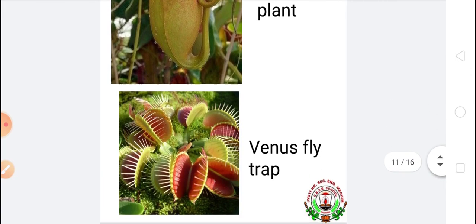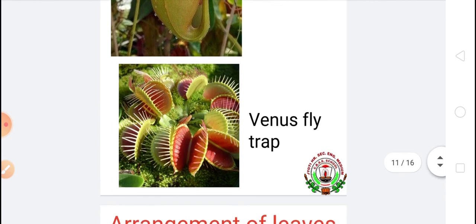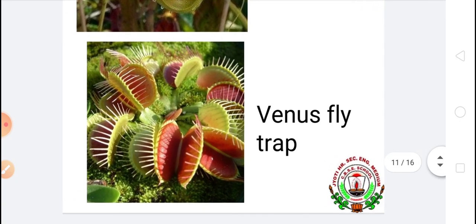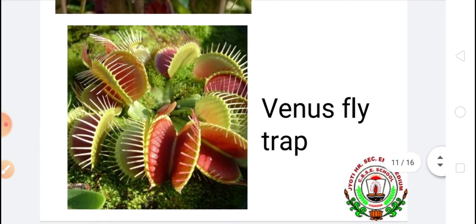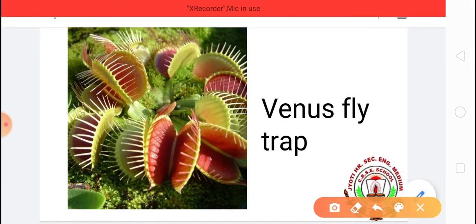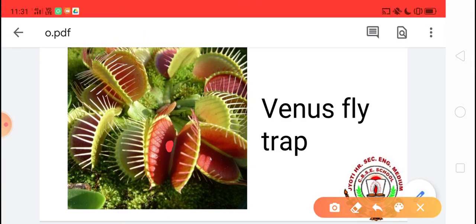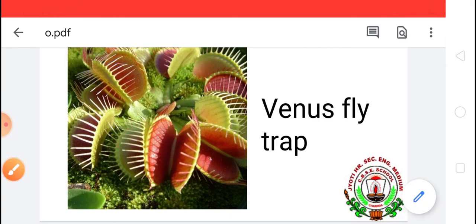In the case of Venus flytrap, the insects get trapped in the trap of the leaf, and the plant gets its nutrition from these trapped insects. Such plants which get their nutrition from insects are called insectivorous plants.